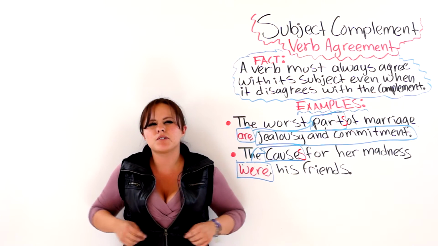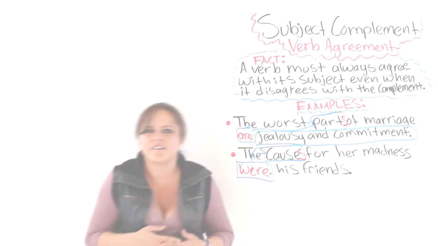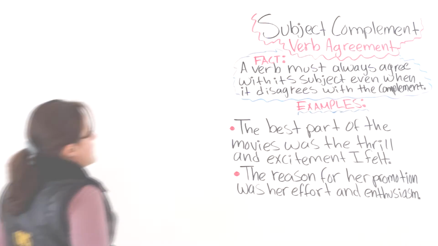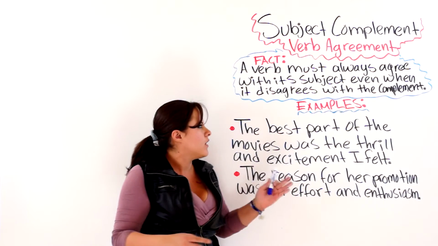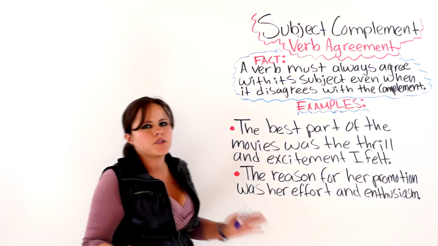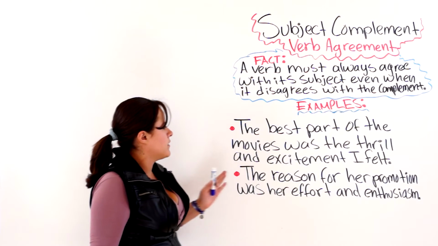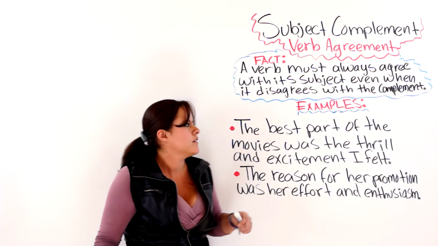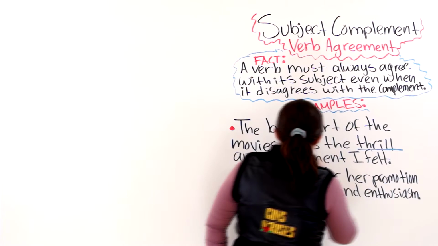Next, I will give you some practice sentences and examples so that you can practice with me. Now you are going to help me correct these awkward sentences. The first one says, the best part of the movies was the thrill and excitement I felt. As you can see, the complement is plural.